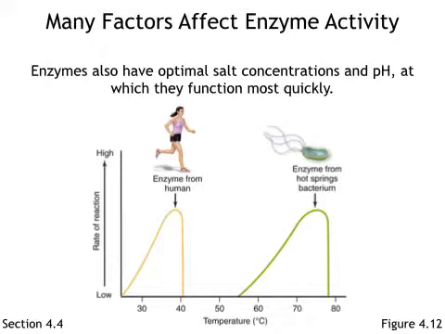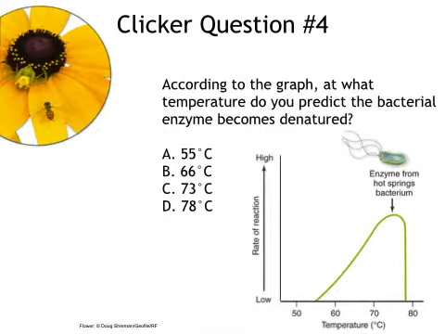And they also have optimal salt concentrations and pH concentrations at which they function most quickly. So that's why your cells actually want to maintain an optimal temperature and salt and pH concentration, so that enzymes can be functioning optimally.